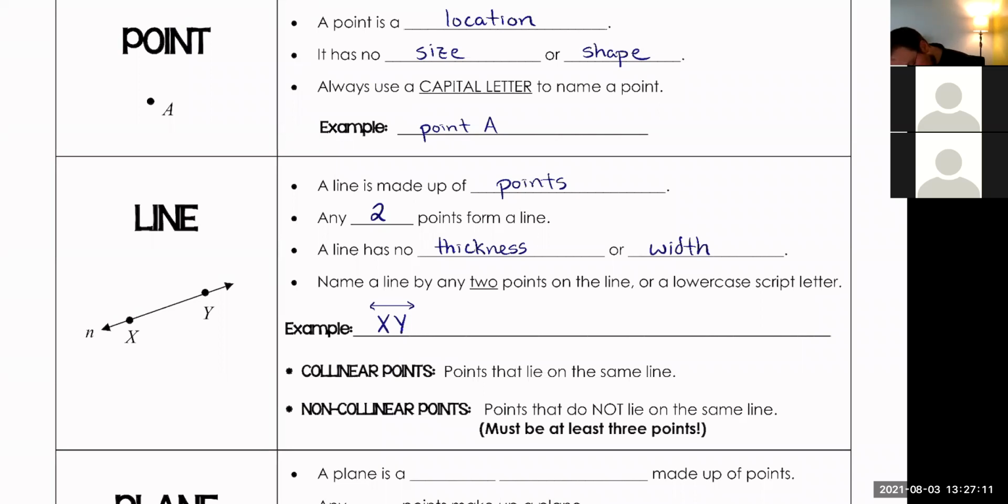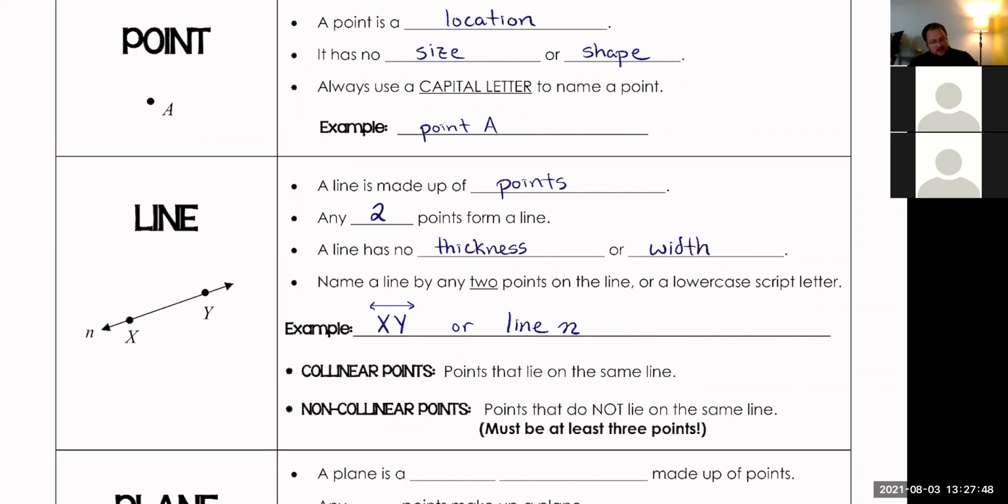Or you could describe it as saying line N. My cursive is kind of weak. That's supposed to be a cursive N, even though it looks more like an N. Oh well. So line XY or line N are both describing the same thing in that image.